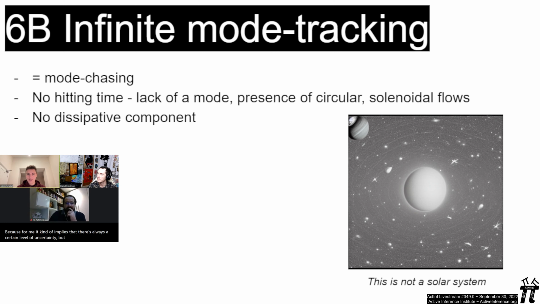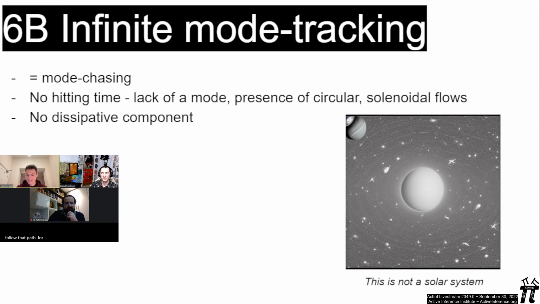But at the same time, this contrasts with the infinite case of planets orbiting the sun, where there shouldn't be that much uncertainty about the path, because you're going to follow that path till the end of time. Just one thing that I found interesting.